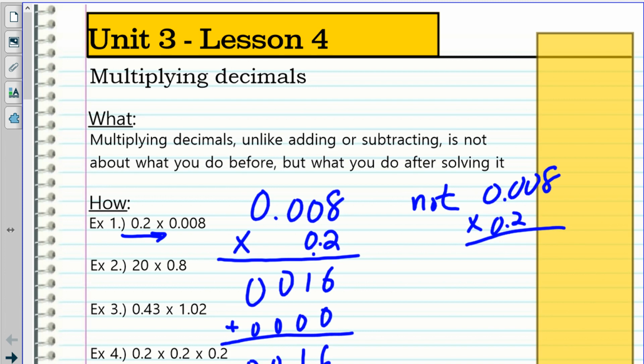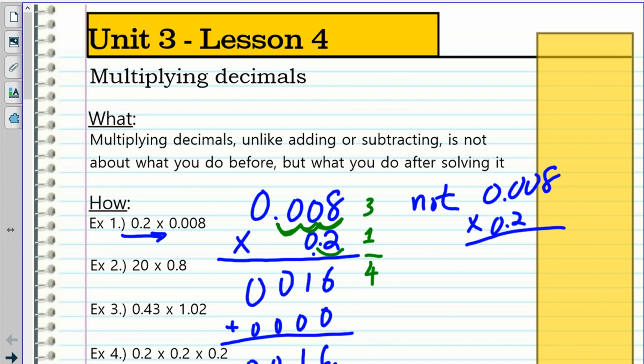Now, what's so special about multiplying with decimals then? Well, you have to count the number of places after the decimal. So you see what I just did? 1, 2, 3, 3 places, and here I got 1 more. So how many places total do I need to move? That's right, 4. So what does that mean? Watch this.